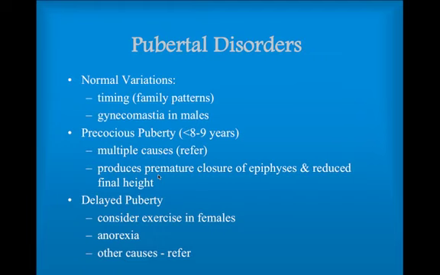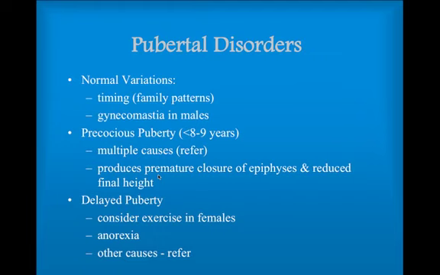So if you begin to see signs of puberty very early, then you should get an endocrinology referral for that child. If they are starting into puberty very early, they can do some things that would delay that or slow that down because it can have a bad effect on their final height in the end.